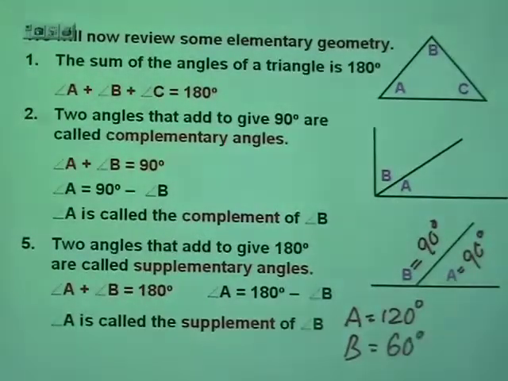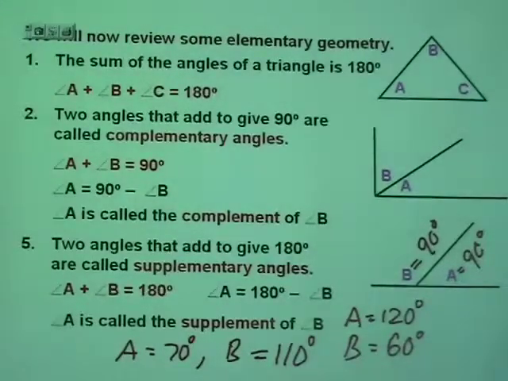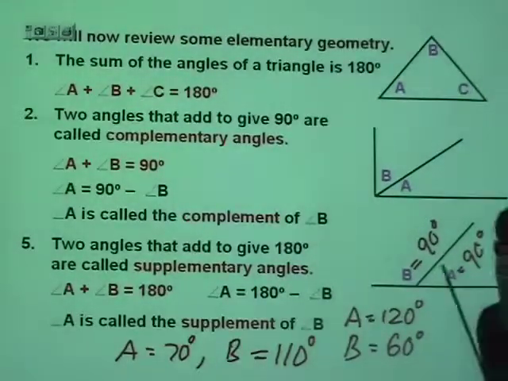B will be 60 degrees. Alright, one more. If A equal to 70 degrees, what will be the value of B? B will be 110 degrees, because A added to B will always be 180 degrees.